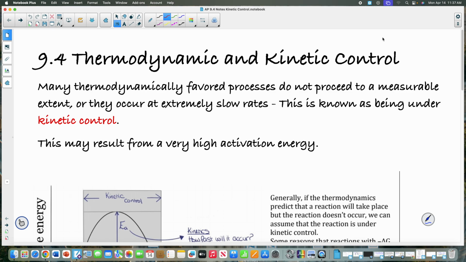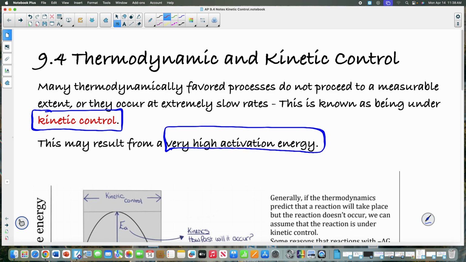Thousands of years? Millions? Who knows? But many of our thermodynamically favored processes do not proceed to a measurable extent, or they occur at extremely slow rates. This is known as being under kinetic control. The reason for something being under kinetic control generally has to do with having a very high activation energy.